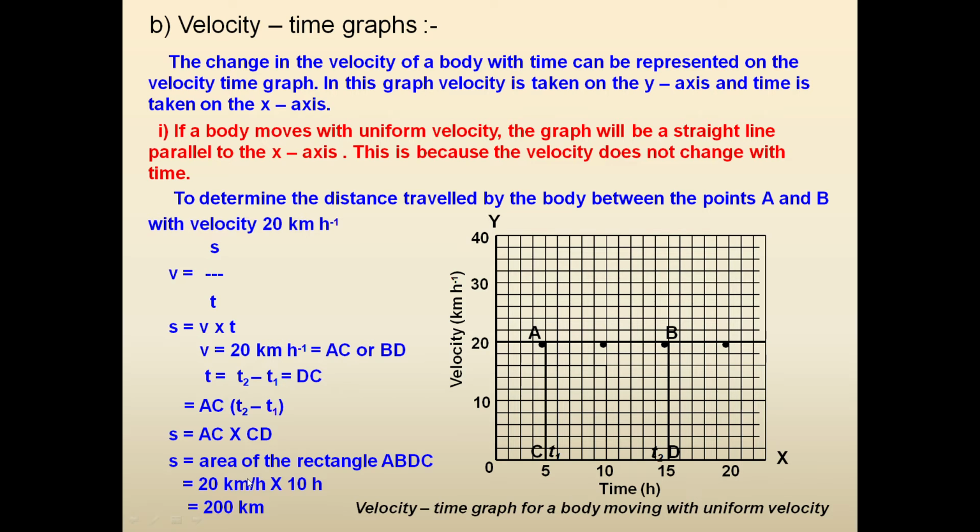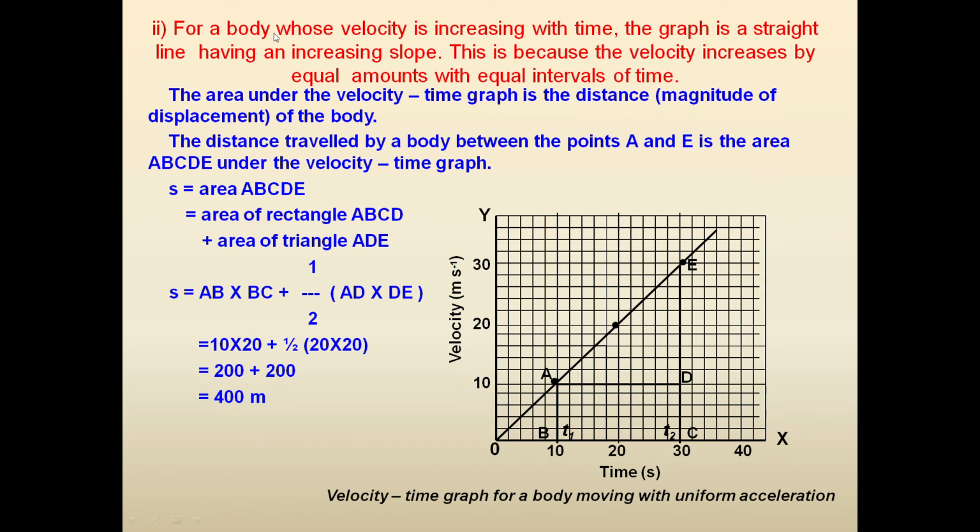So we have 20 km per hour into 10 hour. So we are getting 200 kilometers. So this is how we can calculate the distance traveled with the help of graph. Distance traveled can be calculated from a velocity time graph by finding the area under the graph.